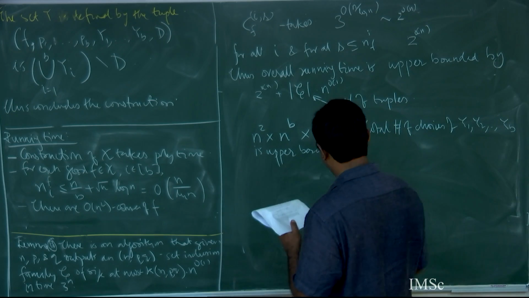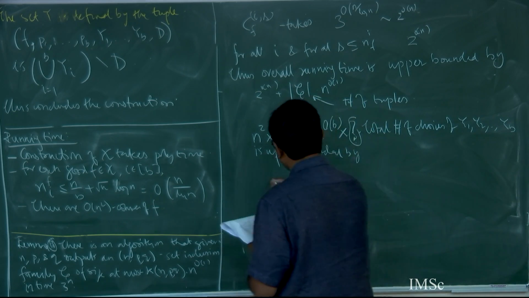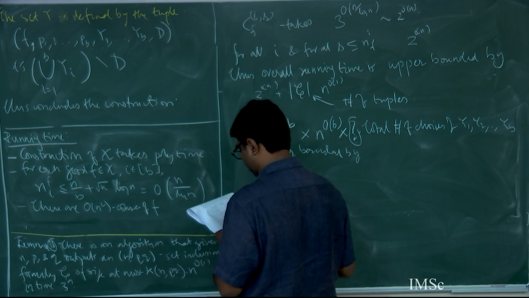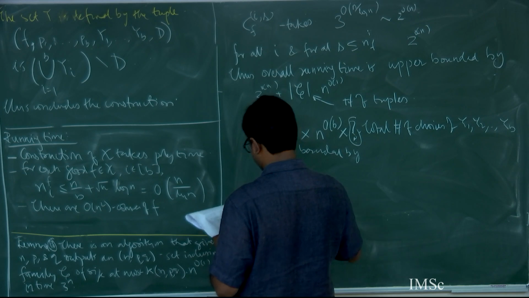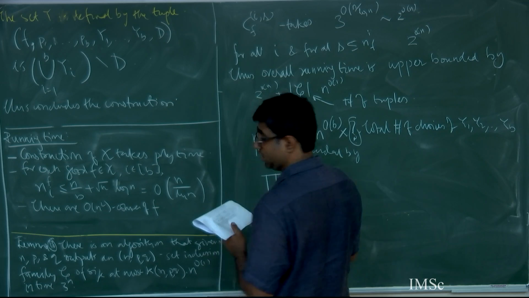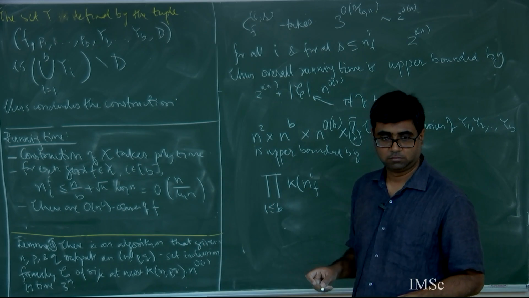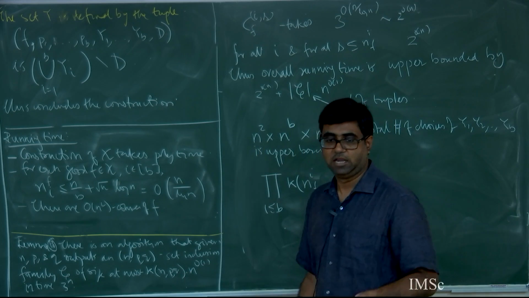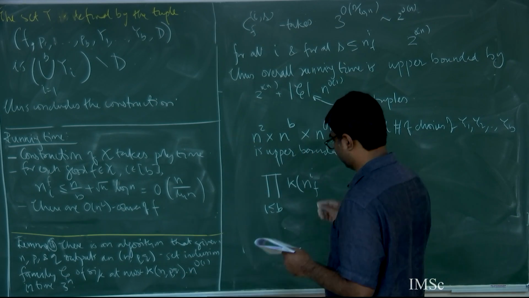Is upper bounded by what? Product over i less than or equal to b of kappa. Remember, I wrote some symbol for kappa. What was that? N, P, Q was just whatever number I was trying to tell, so that we do not have to write.